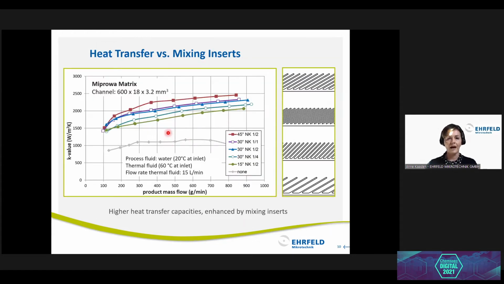So here I have an overview to show you again these rectangular channels and why it's so important to use these mixing inserts. Here we have the K value, and here we have the product mass flow. And this gray line is an empty channel. So it's an empty channel in the Microba matrix.